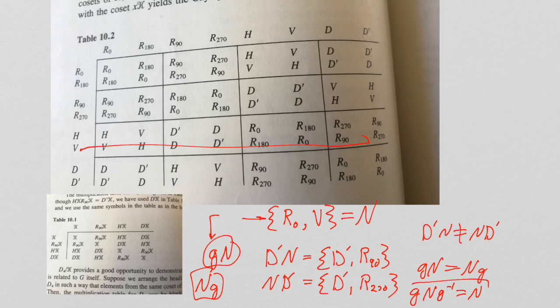Right? And when you see this, what you're actually saying is that this is the conjugate by g of every element in the subgroup, right? The conjugate by g. And that ends up equaling the subgroup itself. That's not always going to be true, right?